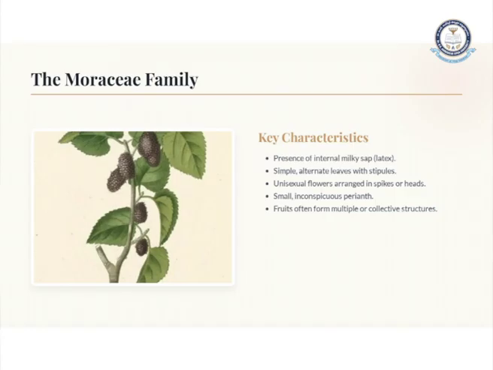As this mulberry is placed under the family Moraceae, we'll see the key characters of the family. It is based on the presence of internal milky sap, that is latex. It has simple alternate leaves with stipules.